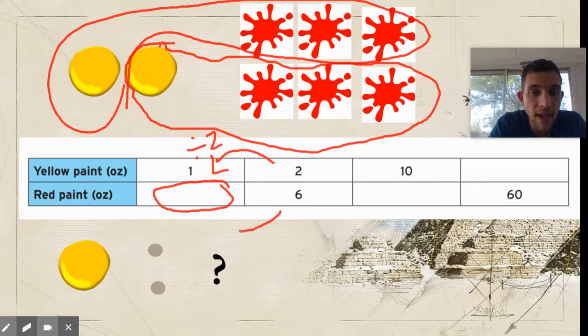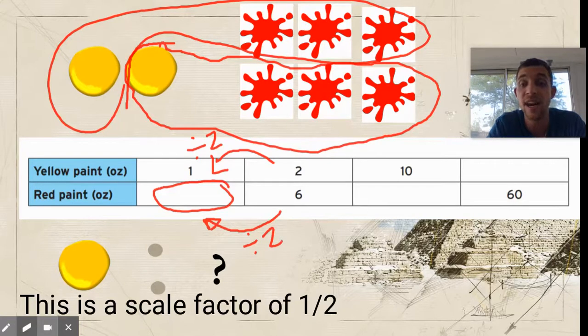So my arrow is going in the same direction to get into this empty box. We know 6 divided by 2, because that's what I did on the top, so I do the same thing on the bottom. 6 divided by 2 gives me 3, and that matches with what I have up here with my red splotches.